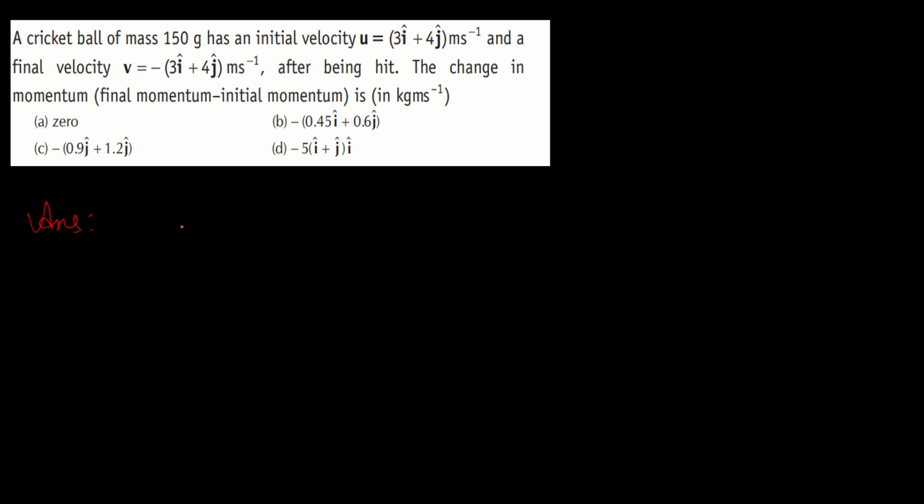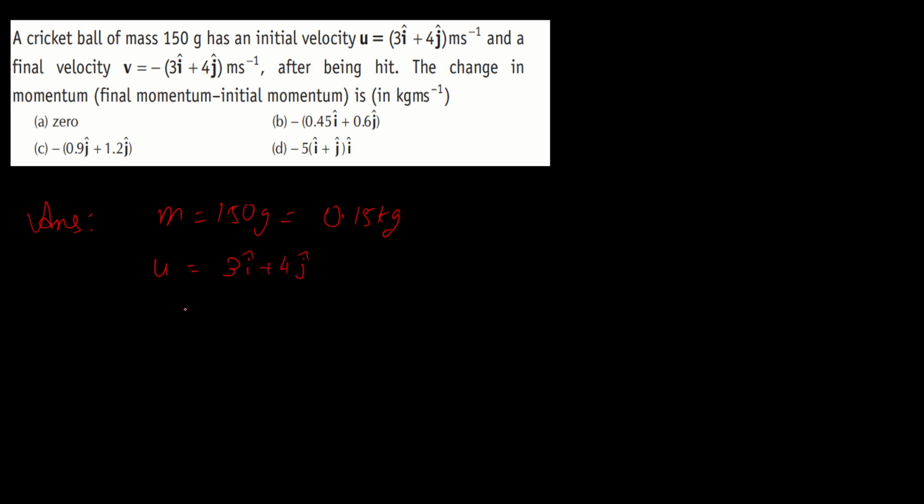A cricket ball of mass 150 grams. First of all, let us write down the data. Mass is given as 150 grams, which is equal to 0.15 kilogram. Initial velocity u is equal to 3i cap plus 4j cap.